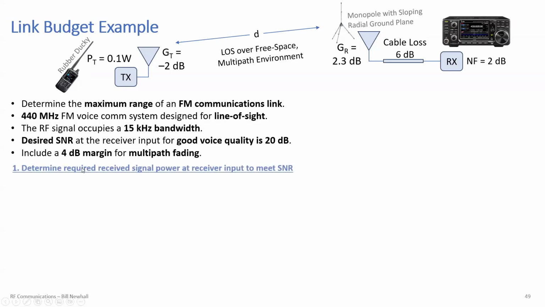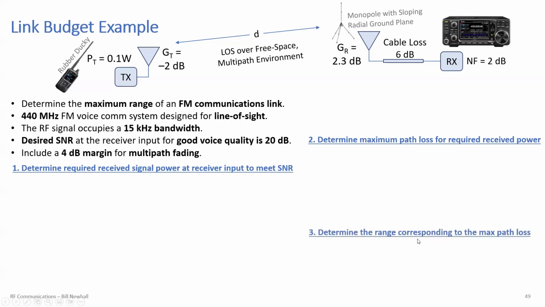So here's the steps you would take. You would determine the required received signal power at the receiver to meet the SNR. Let's figure what power we need. And then let's determine the maximum path loss that gives us that received power at the receiver. And then let's determine the range corresponding to that maximum path loss from step 2.